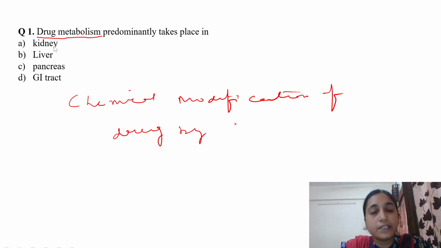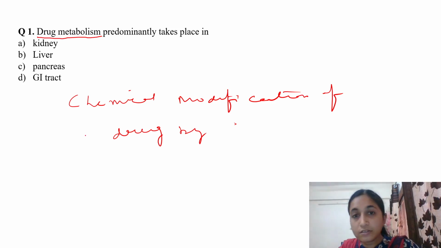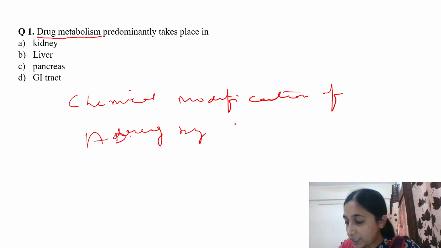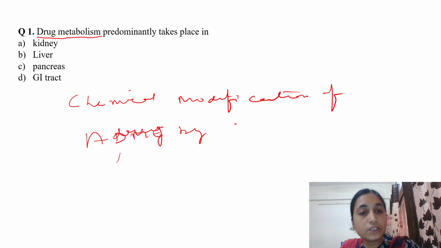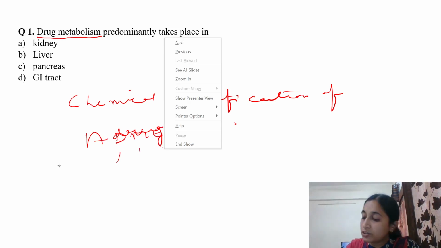First is kidney. In the kidney, basically excretion occurs. In the pancreas and gastrointestinal tract, basically absorption of drug occurs. You must have heard about ADME: A for absorption, D for distribution, M for metabolism, and E for excretion.